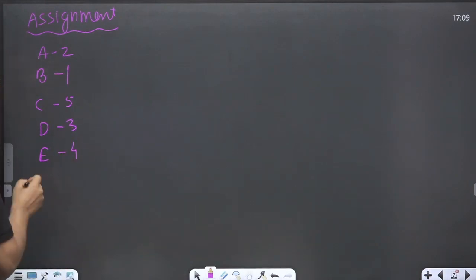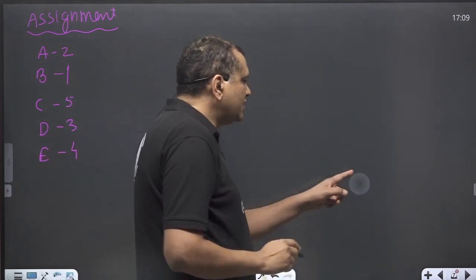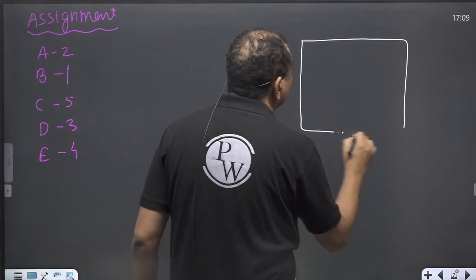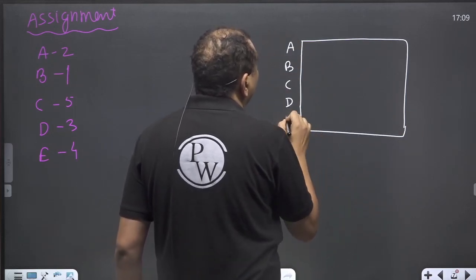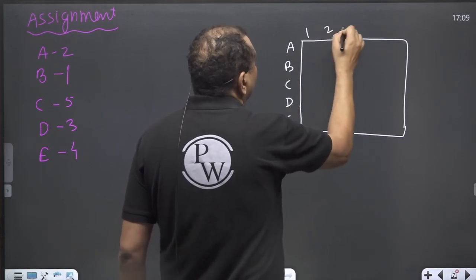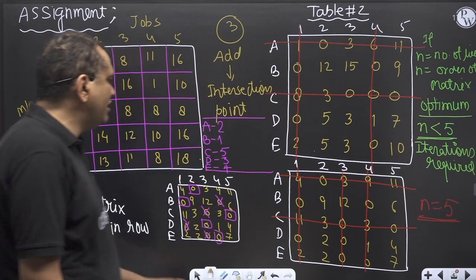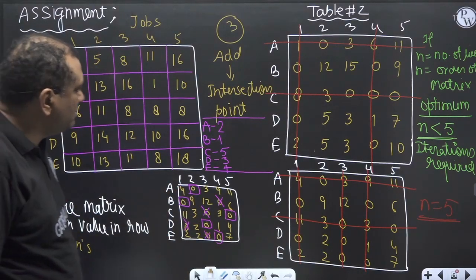This is the first assignment, okay? But see, there are alternate solutions. To find out the alternate solution, I'm making this matrix again.